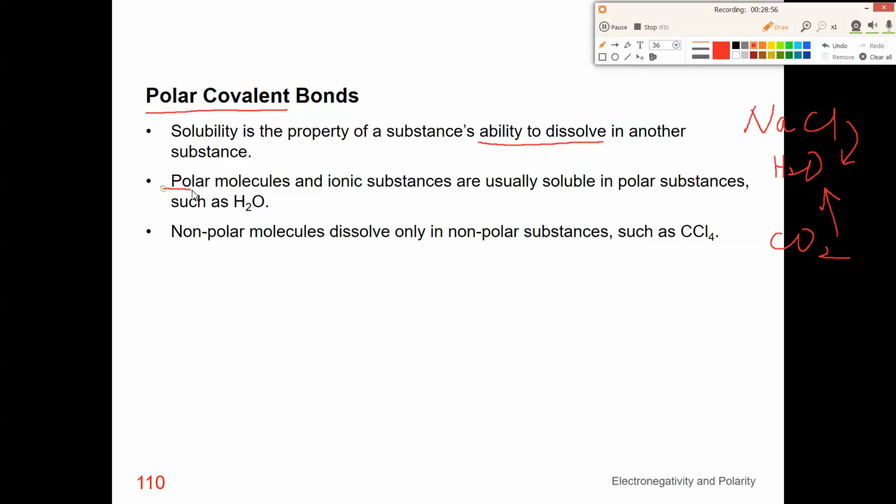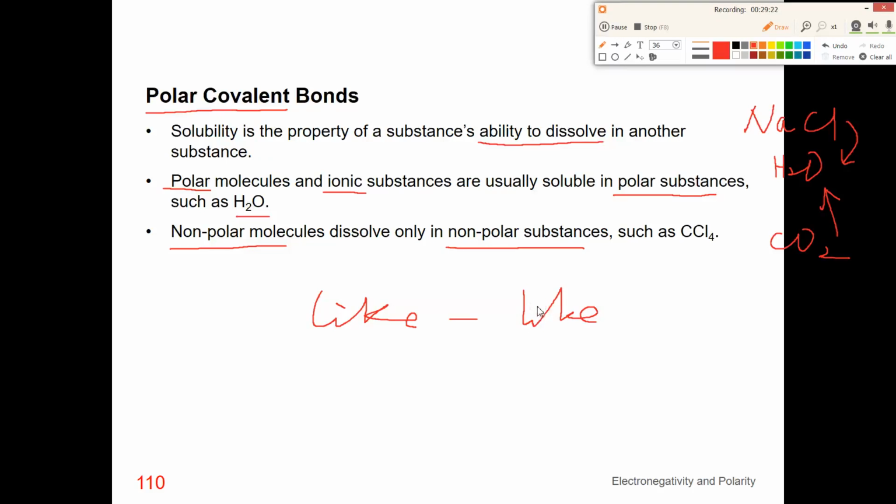So polar molecules or ionic compound substances usually dissolve in polar substances like water. Water is polar. So sodium chloride, an ionic compound, easily dissolves in water. Nonpolar molecules dissolve in nonpolar substances. This is called like dissolves like.